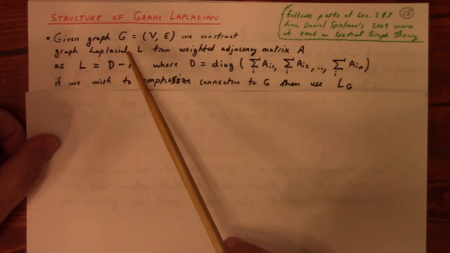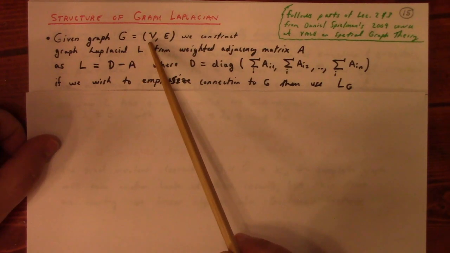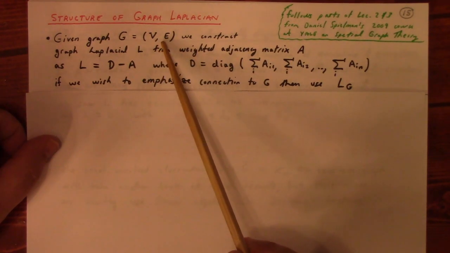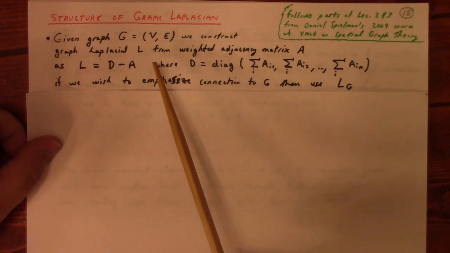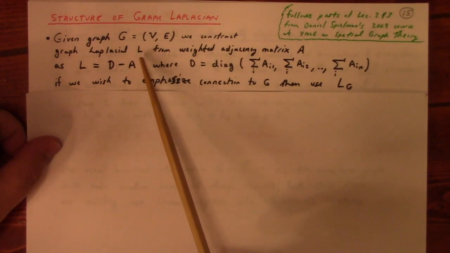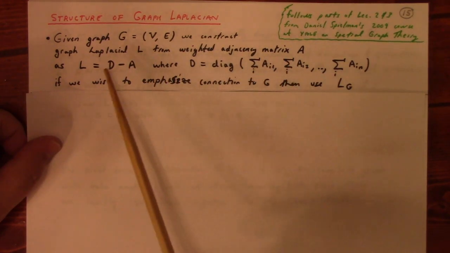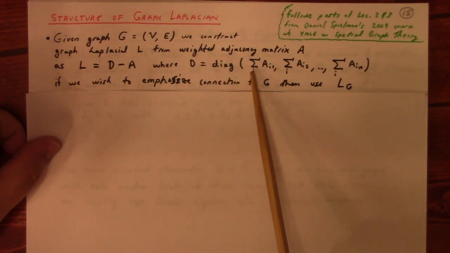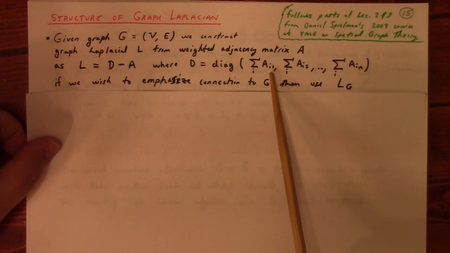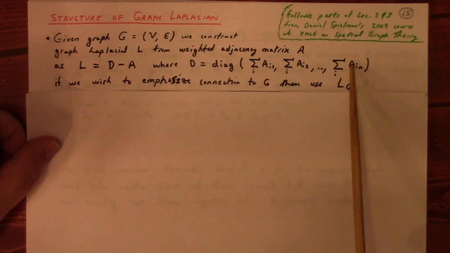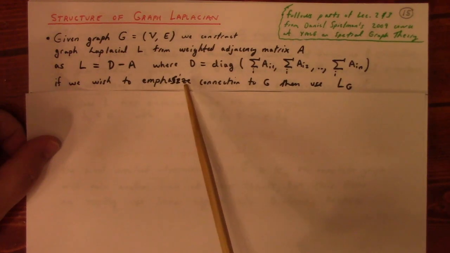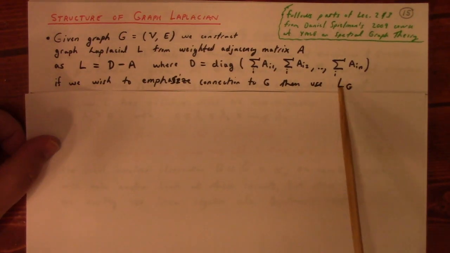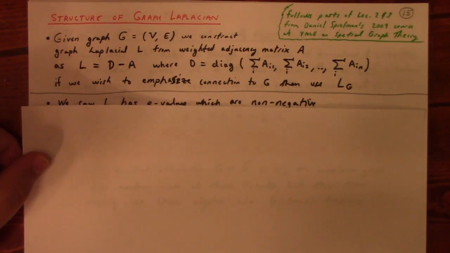So given a graph, which consists of a vertex set V and an edge set E, we can construct the graph Laplacian L from the weighted adjacency matrix A as L equals D minus A. And D is the sum over columns or rows, since A is symmetric, either way you could go. And if we wish to emphasize the connection to G, we could use L sub G for the graph Laplacian of G.